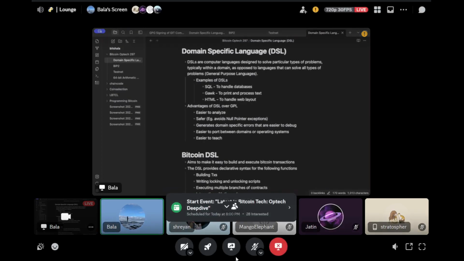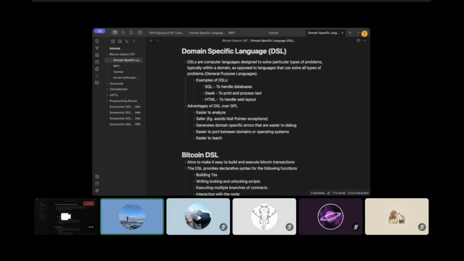So, DSLs are designed to solve specific or particular problems within a certain domain. They are not general purpose languages where you can do all sorts of things under the sun. DSLs are specifically limited to certain tasks.